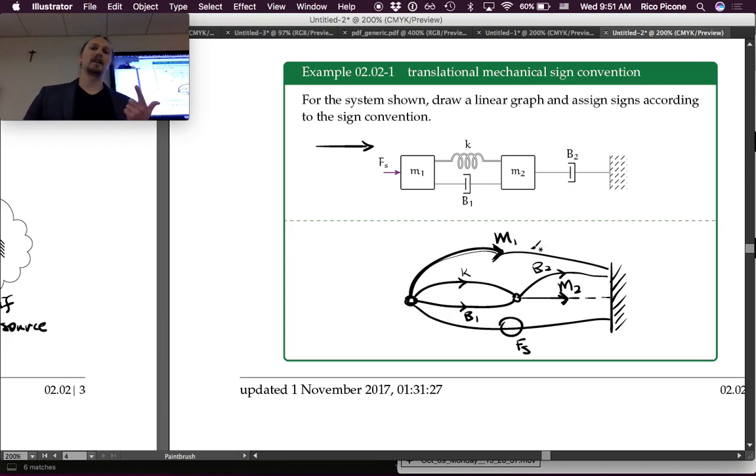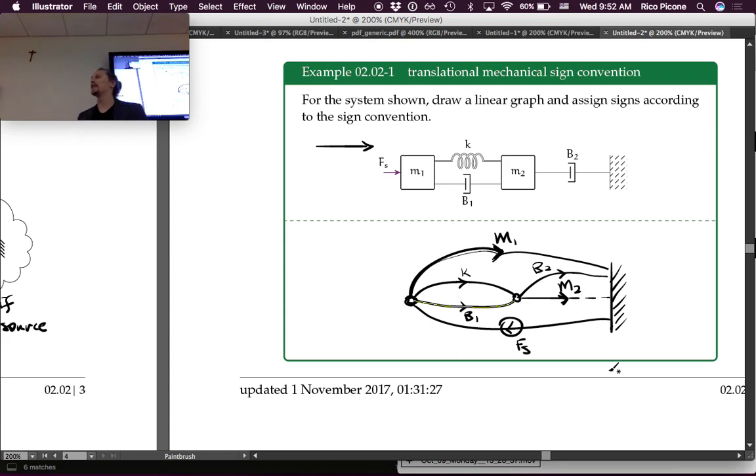So that tells us that it's toward the node where it's applied. So the force source is that direction. All right, any questions about that?